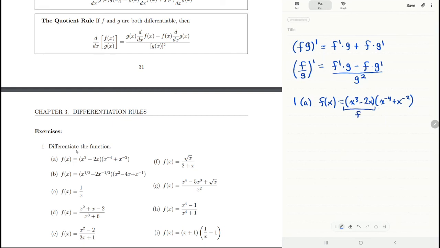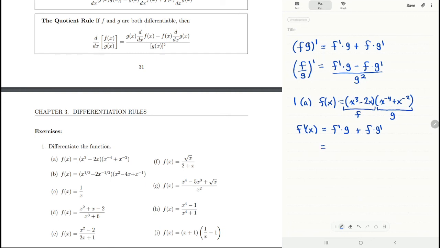And this is being multiplied by the second set of brackets, which we'll call g. So here we will apply the product rule. The derivative of this function is going to be f prime times g plus f times g prime.